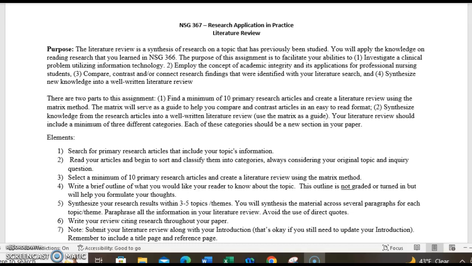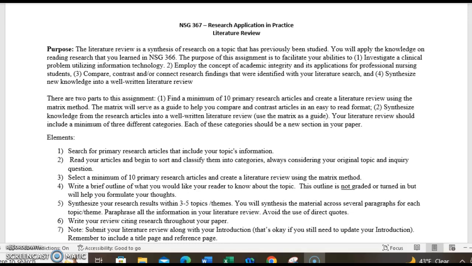And so you will find that by building a matrix, you will be better prepared and able to synthesize the knowledge and compare the articles across one another. Remember that your literature review should include a minimum of 3 different categories, and each of these categories should be a new section in your paper with an appropriate header.